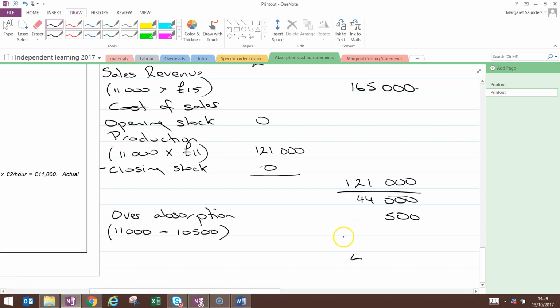We add the over absorption, so the final profit figure is £44,500. And that is our absorption costing statement with no closing stock.